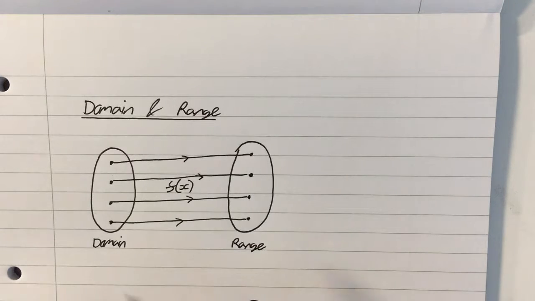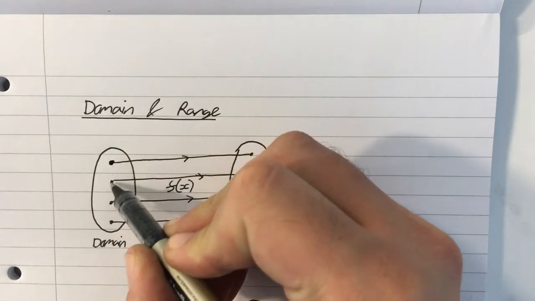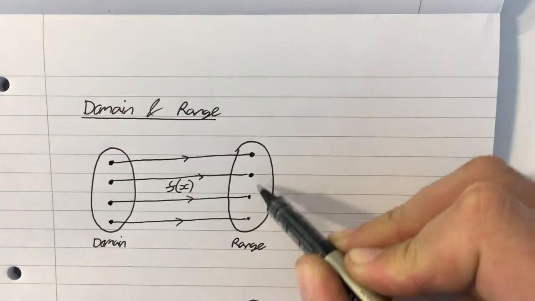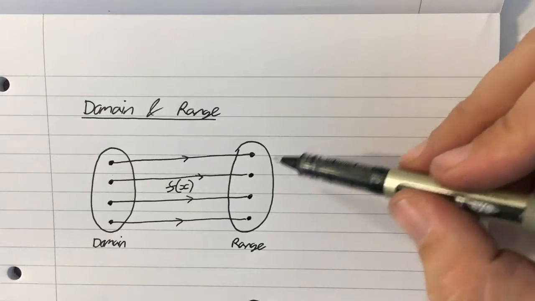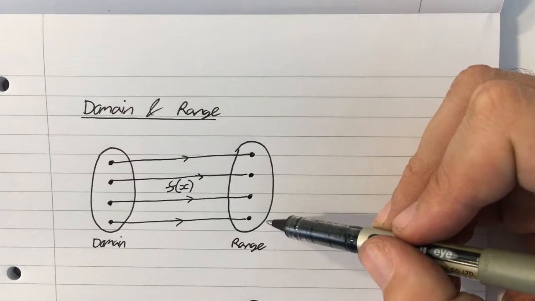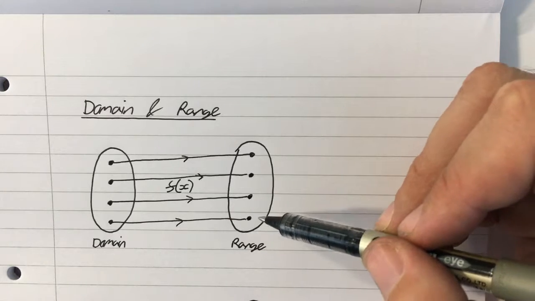Now, what I've drawn here is different values in my domain, so different input values, and they all go to their own output value. So this might be a linear function, or an exponential function, or a logarithmic function, or perhaps a certain type of cubic function, which doesn't have any turning points.